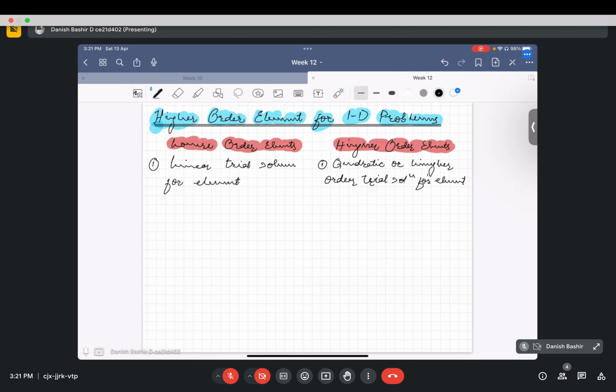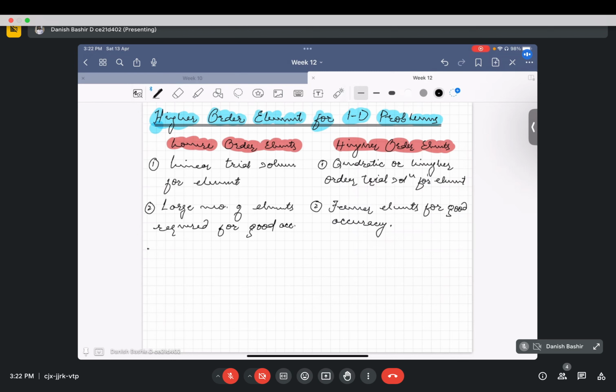Then what else is there? The second thing is that in the lower order case, a large number of elements are required for good accuracy. Actually, in this case, you need fewer elements for good accuracy.